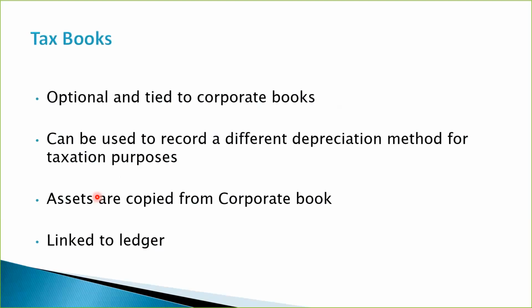And you can do what you call an initial copy for the first time, whereby you copy all the assets, and then as you add assets to your corporate book, you can go ahead and do a periodic copy to keep your tax book updated with the assets that are being added also in your corporate book.